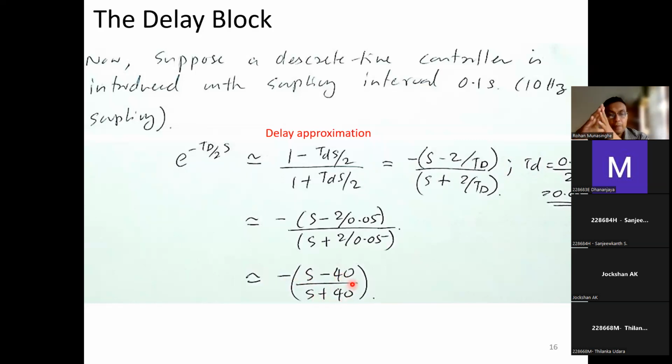So it's a pole-zero block, one pole, one zero. The pole is at minus 40, the zero is at plus 40. And you can see for the first time a block with a zero and pole, and the zero is on the right half plane.